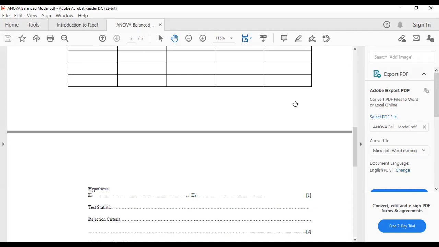Okay, Kevin, we are saying since F, which is equal to 13.97, is greater than F critical at alpha equals 0.05, which is 3.8, we reject H naught.